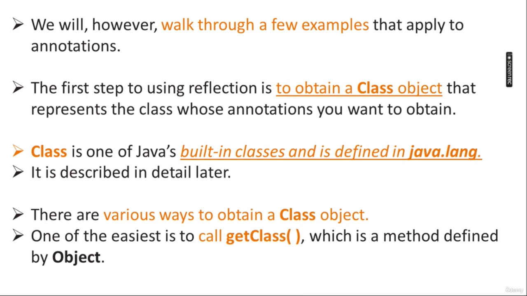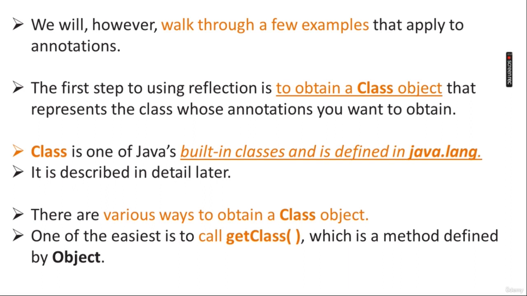The first step of using reflection is to obtain a Class object that represents the class whose annotations you want to obtain. So you have to first obtain the Class object whose annotation you want to acquire or gather. Class is one of Java's built-in classes and is defined in java.lang, and it is described in detail later.